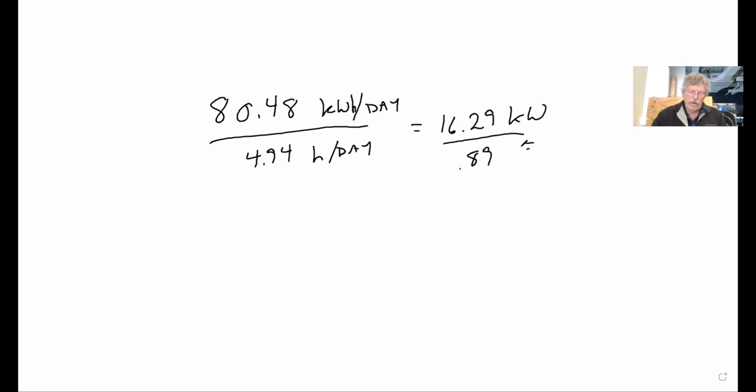So we divide that by 0.89 and we need an 18.3. So I need an 18.3 kilowatt array. I'm going to make note of this here too, 18.3 kW. That's if we want to service 100% of the load.